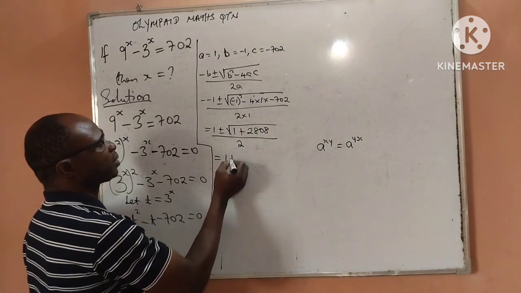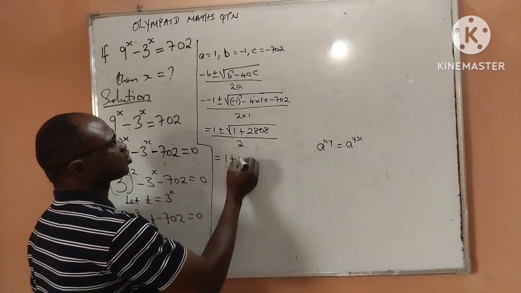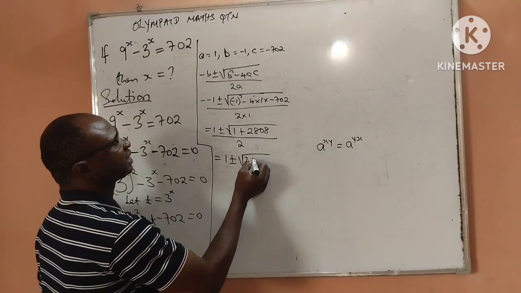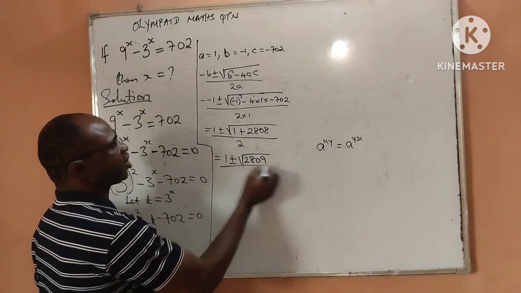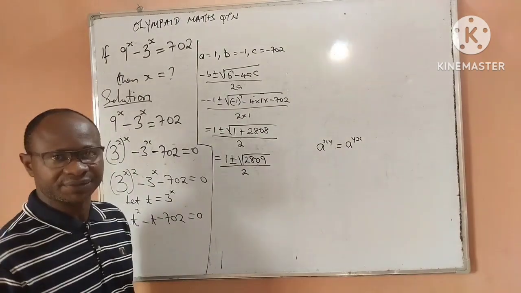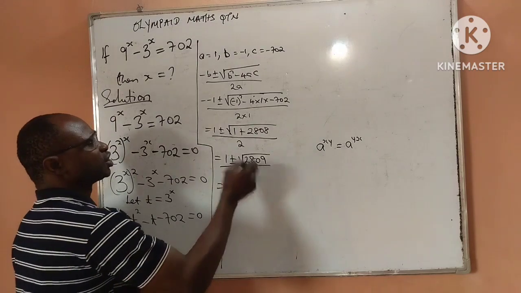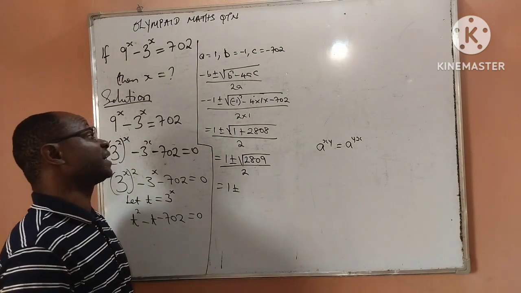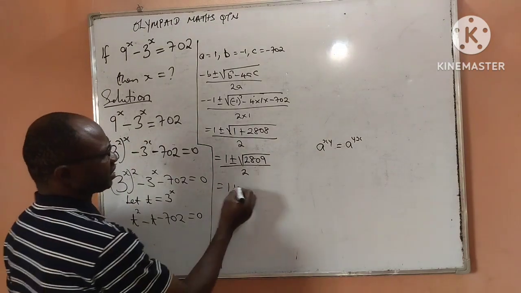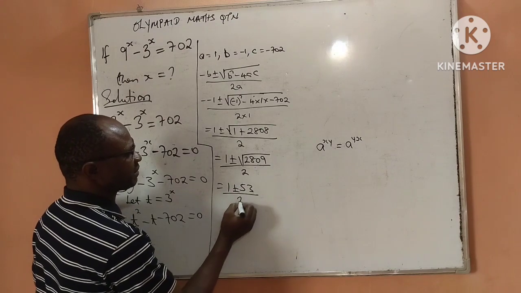And this is equal to plus 1 plus or minus the square root of 2809, all divided by 2. Moving forward, the square root of 2809 is 53, all divided by 2.